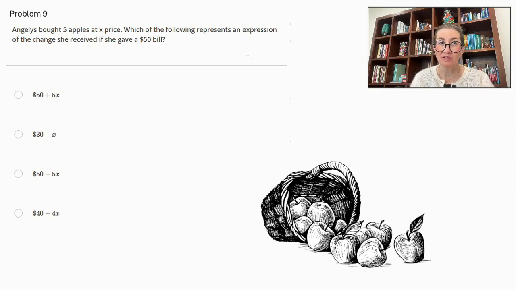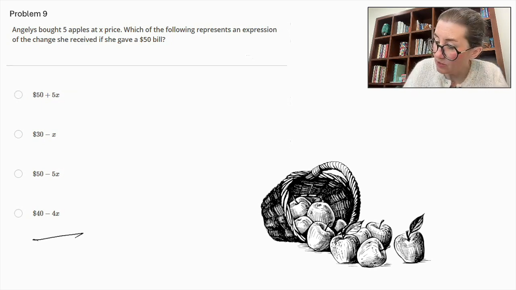Problem number 9. Angeles bought 5 apples at X price. Which of the following represents an expression of the change she received if she gave a $50 bill? So these are our options. Let's do the math to find the answer. Angela started with a $50 bill.